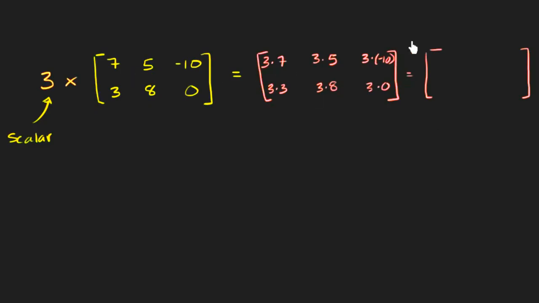So the top left entry is now going to be 21. The middle entry, the entry in the middle row top column is going to be 15, -30, 9, 24, and 0. So when you multiply a matrix times a scalar, you just multiply each of those entries times that scalar quantity.